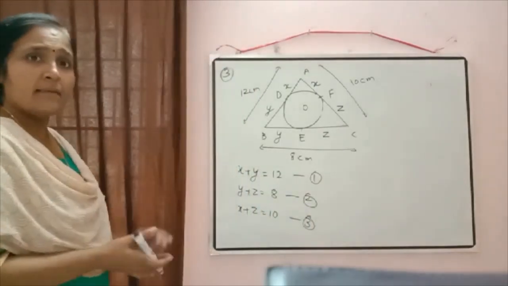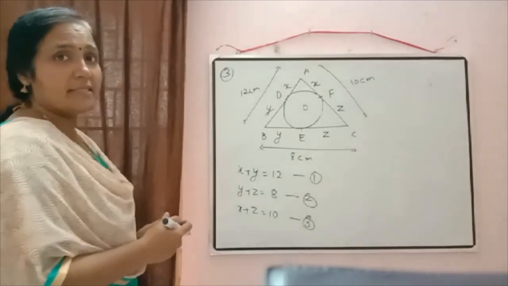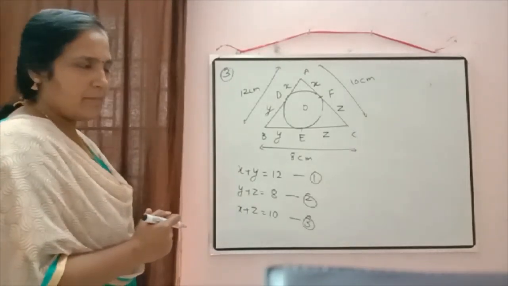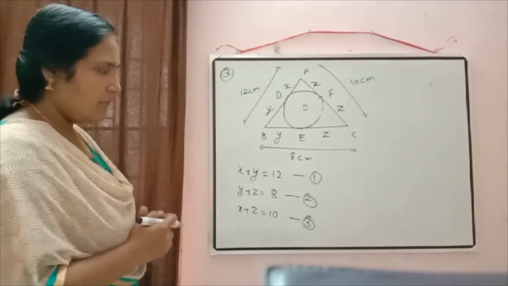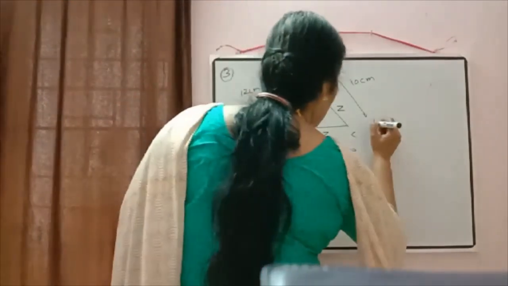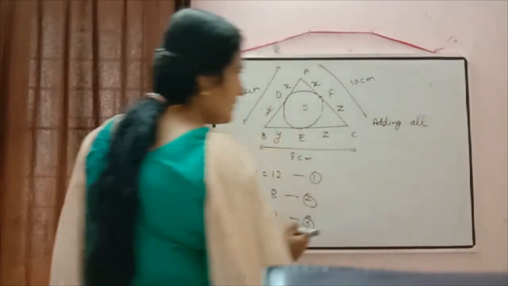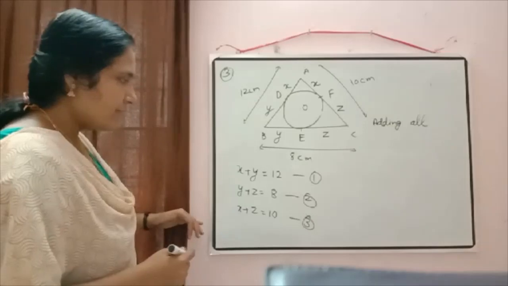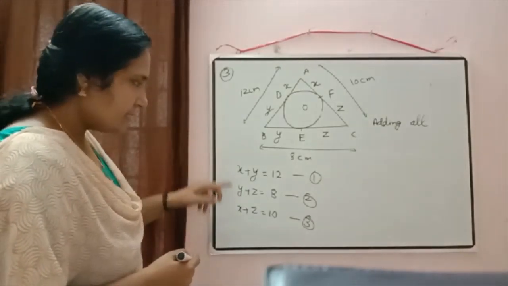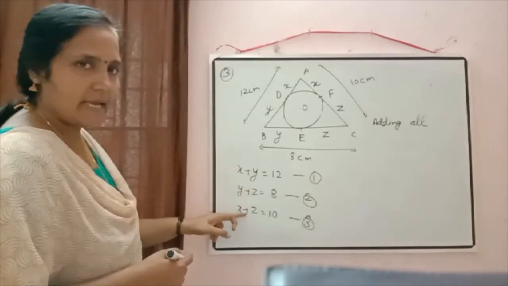So we got here three equations, and they are linear equations in three variables. So how will we do this type of question? To solve it, we'll add all the equations. So just write down there, adding all. If we add all, in the left hand side, X is there 2 times, Y is there 2 times, Z also is there 2 times.